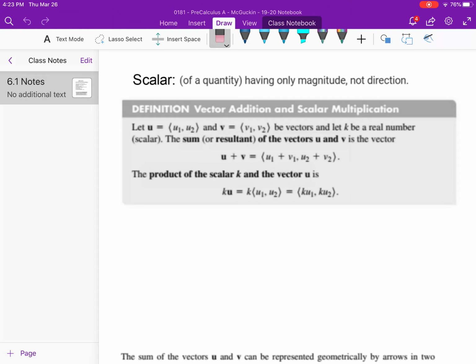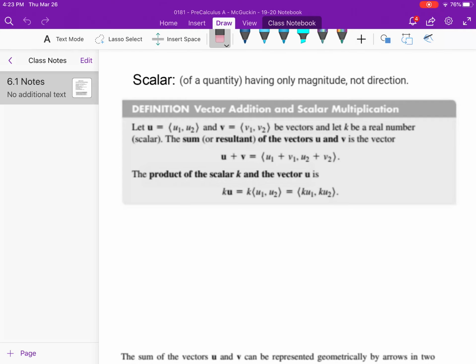If we have 2 vectors, we're going to call them u and v in this example, I can simply add these 2 vectors together. We can call the result a sum, or they also call it a resultant. Simply put, to add 2 vectors together is just adding the respective x and y components of each of those vectors.